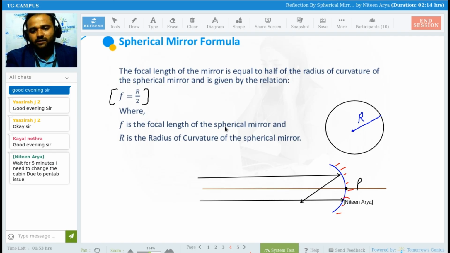So the point on which all the parallel rays converge after reflection is known as the focal point. Is this clear, everyone?